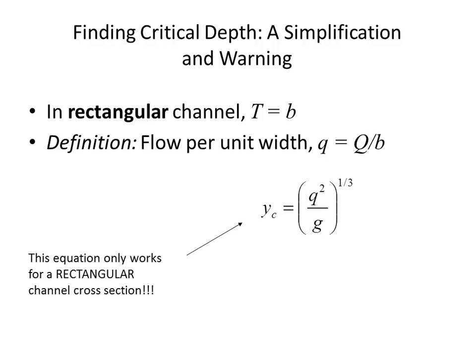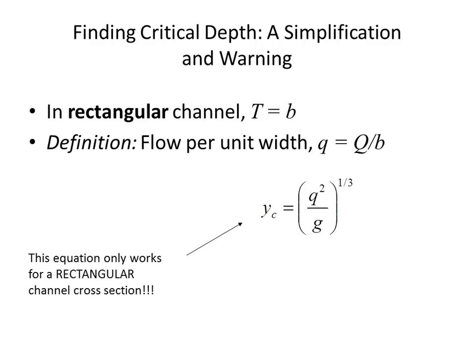So how much is going through each 1-meter section? It's 2.5 meters squared per second, because it's cubic meters per second divided by meters. That's why the units are a little bit unusual for the flow per unit width.